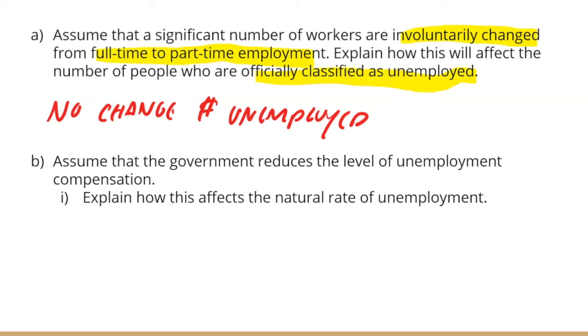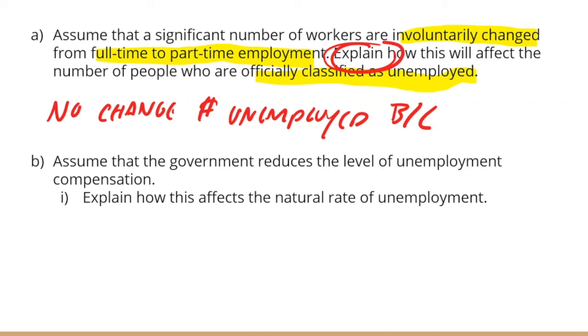And remember, we have to add the word because, since it asks us to explain. There is no change in the number of unemployed because part-time workers are still considered to be employed. So it doesn't matter if you technically got a demotion from full-time to part-time, because you still have a part-time job, you're still considered to be employed. And because of that, there is really no change in our unemployment rates.